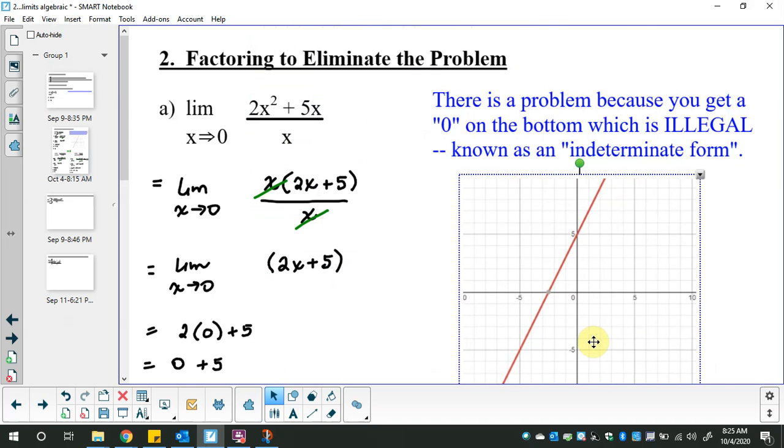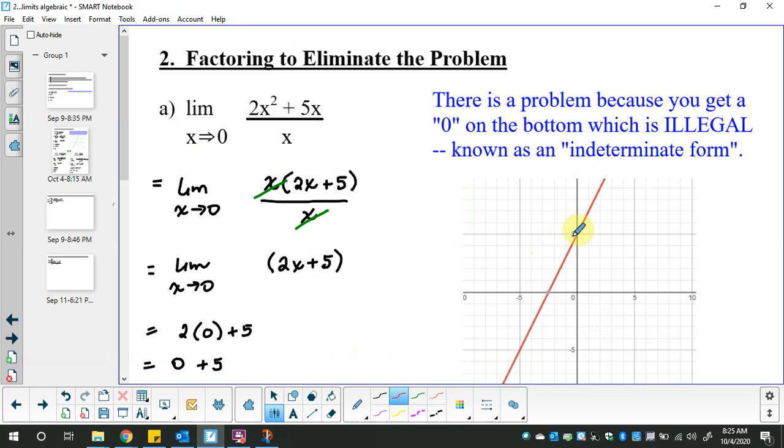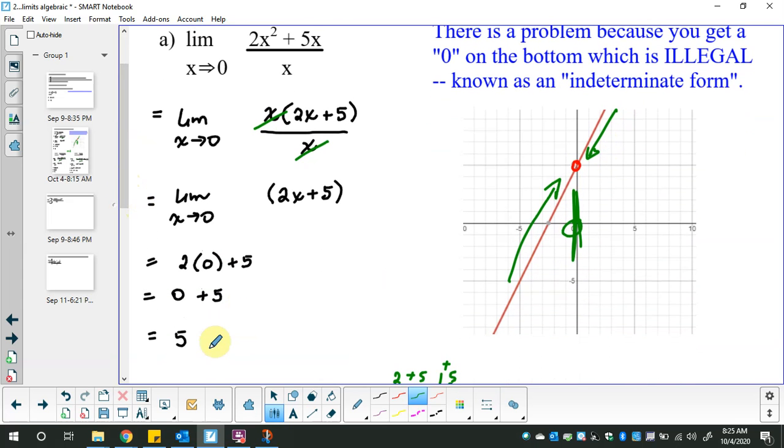And second of all, I have to dig out my red pen, oh my gosh, I can't find my pen at all. I have to find my red pen just for color coordination. And at 5, I have to put a hole. So hopefully you can see in this case that if you're coming in from the left to x equals 0, you're getting to a value of 5. And if you're coming in from the right, you're getting to a value of 5. So this picture is exactly what we were doing, because you end up with a 5.